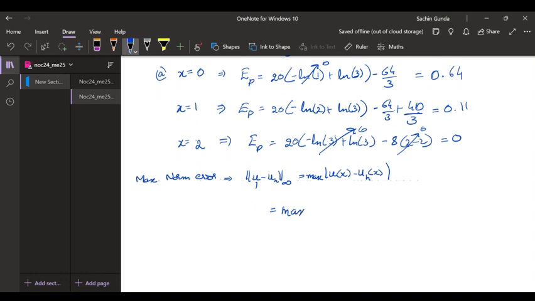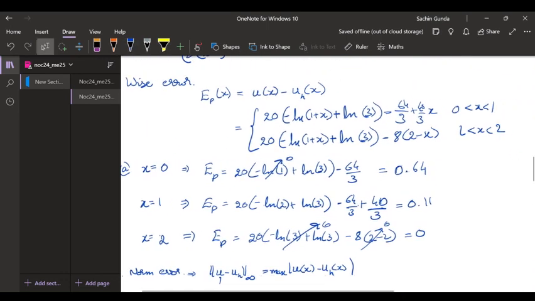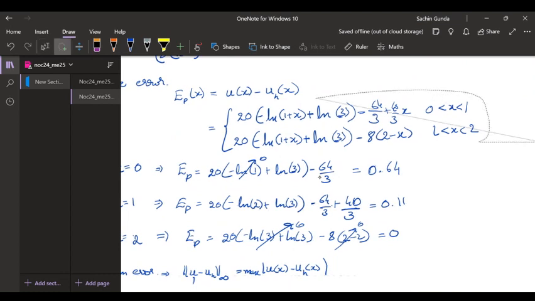It will be the max of this expression, the mod of this expression, same as the previous one.